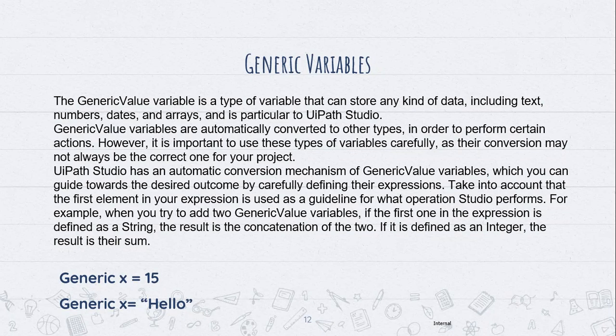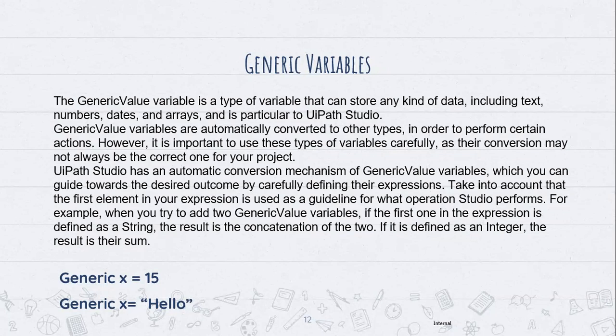It can say, tell me 2 plus 2, which is a numeric thing. The user can ask a question, which is a string thing. The user can just enter a date, which is a date thing. So where you don't know how the user is going to enter the information or how the information will come, you will create a generic variable for it.